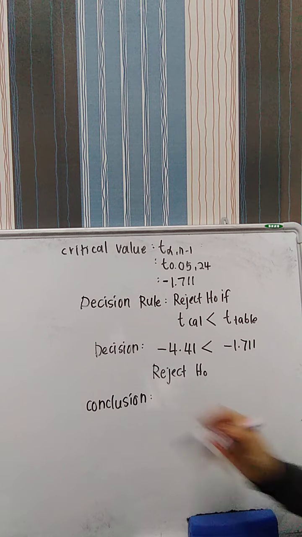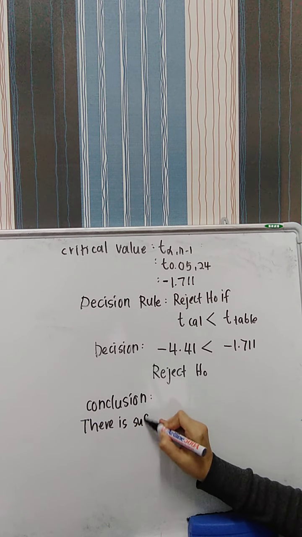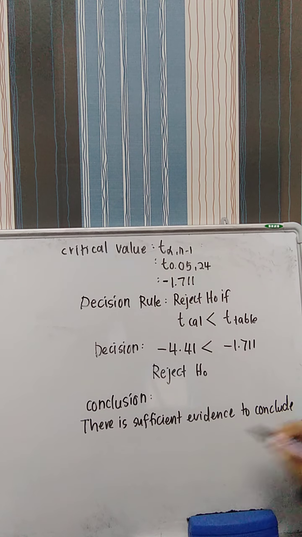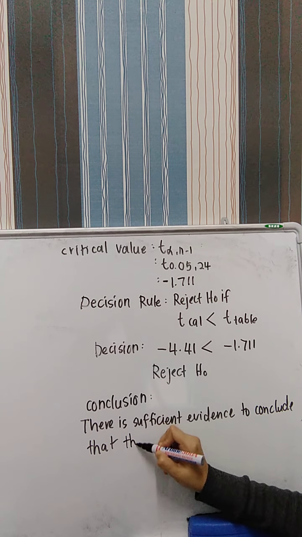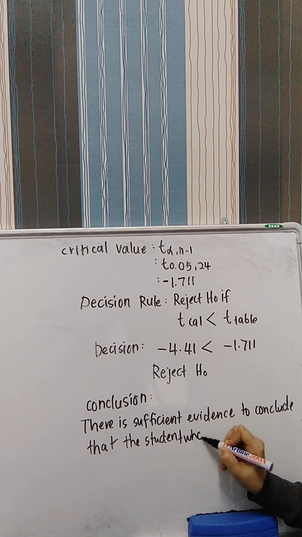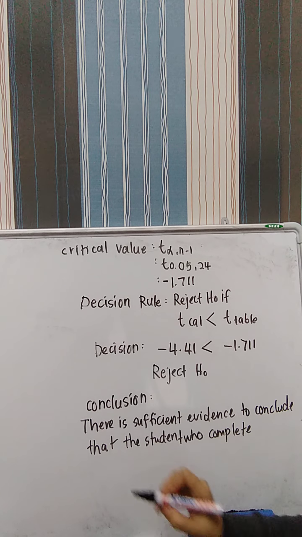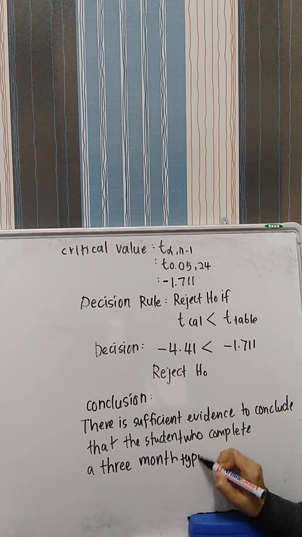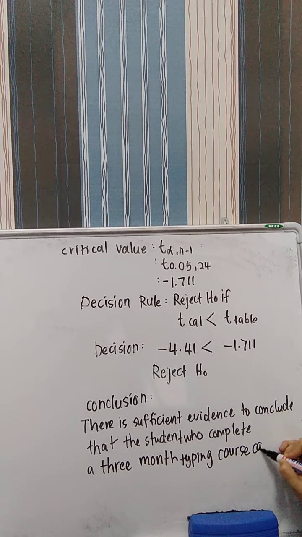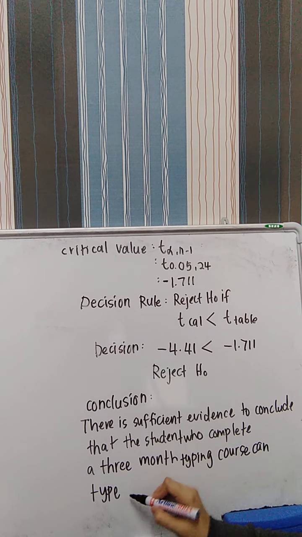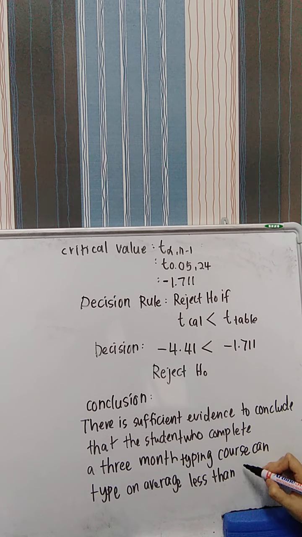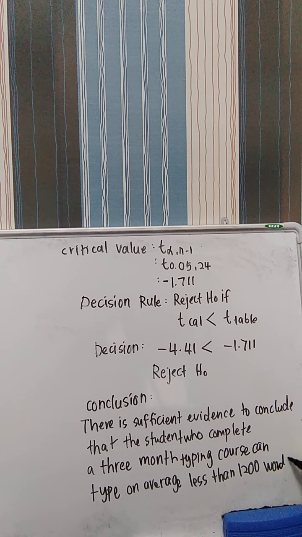Okay, so because you reject, the conclusion is there is sufficient evidence to conclude that, mention what is the claim, that the students who complete a 3-month typing course can type on average less than 1,200 words an hour.